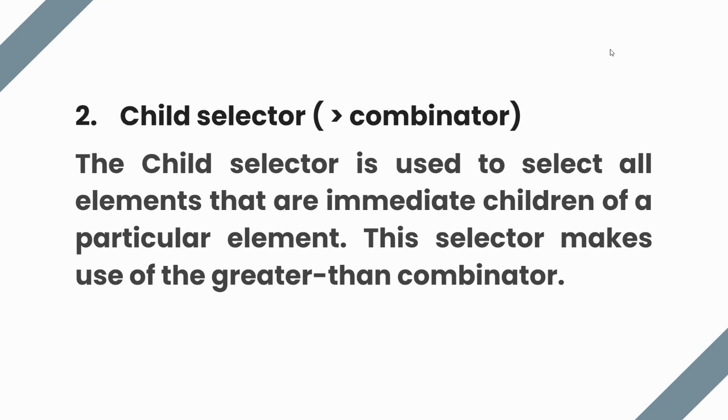That basically means if you have an element within another element and you try to style it, it's not going to work. And this particular selector makes use of the greater than combinator.